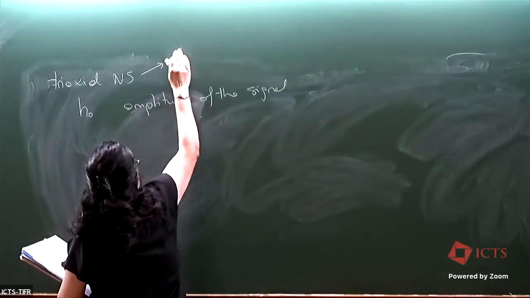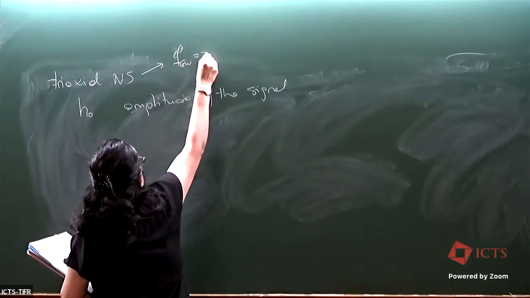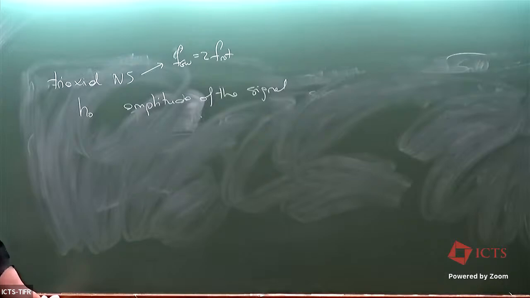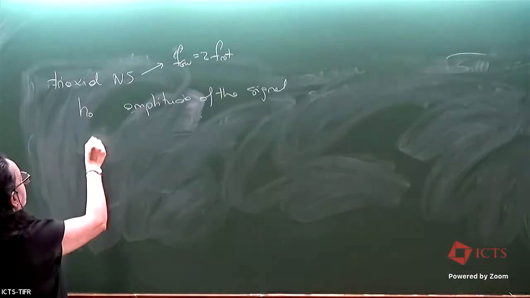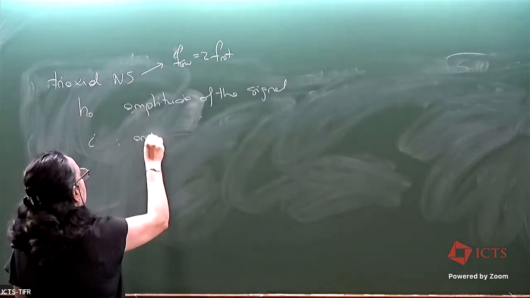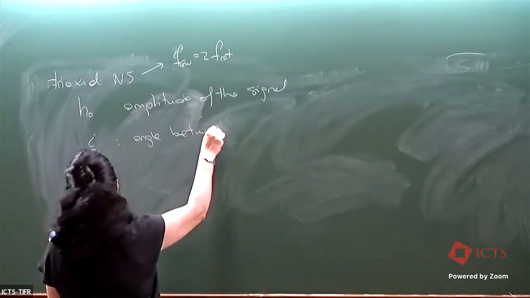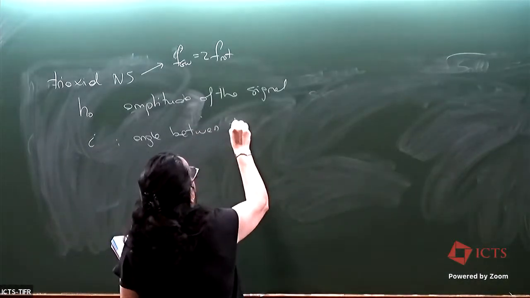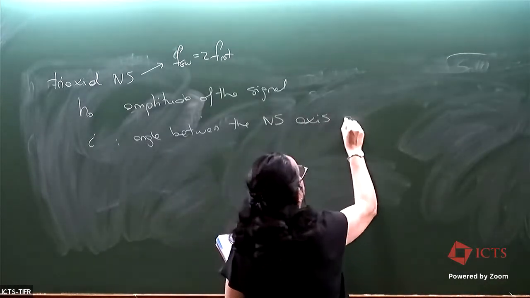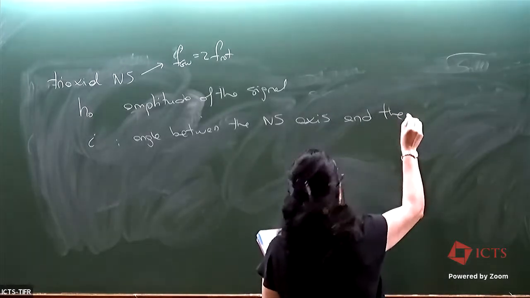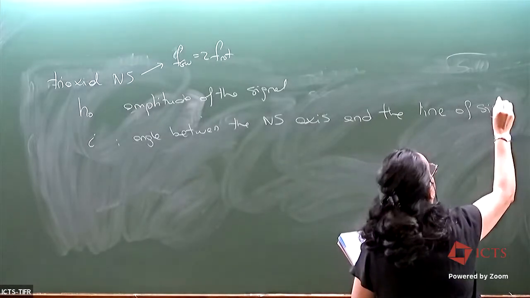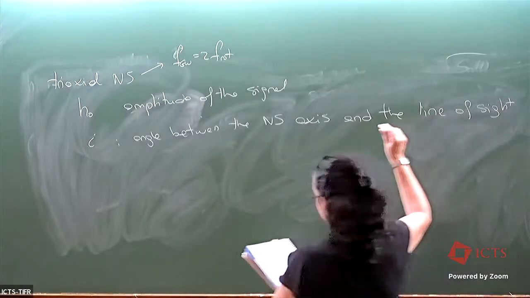In this model, I'm going to assume that the gravitational wave is at twice the rotational frequency. Then we have iota, that is the angle between the neutron star axis and the line of sight to the detector.